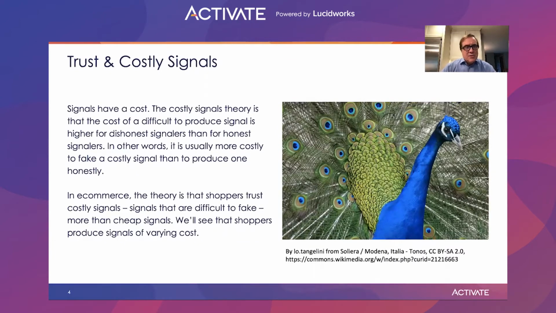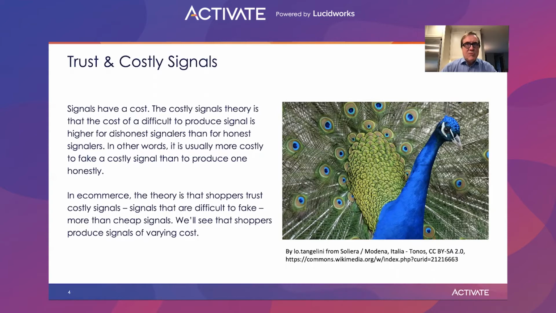Another concept that comes up in signaling theory is the idea of costly signals. So a theory within a theory, if you will, or related theories. So the costly signals theory is that when a signal is difficult to produce, that is, it's costly, it's even more costly for a dishonest signaler.